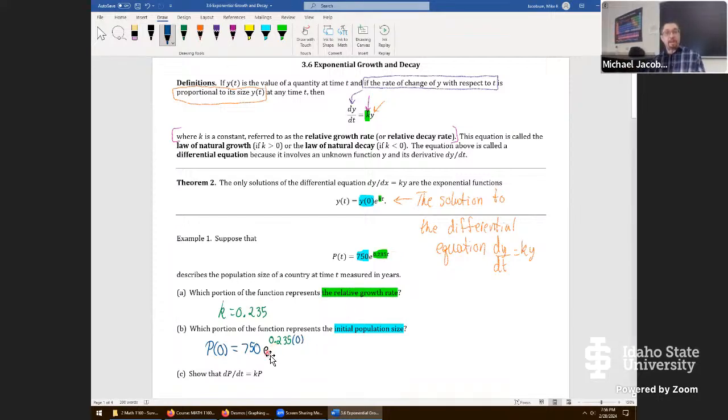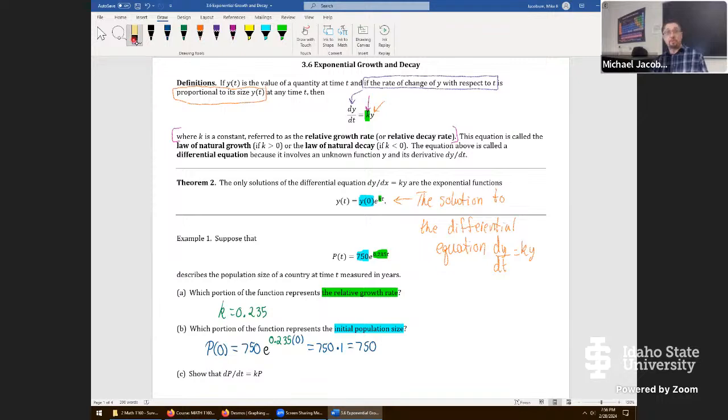This whole thing is now e to the power of 0, which means it equals 750 times 1. Since e to the power of 0 is 1 itself, that's how we get a size of 750 initially. So notice we went through this just because it's practice, really, but it was looking at us the whole time. So this is a very valid shortcut if you think in those terms. That is the initial population size.